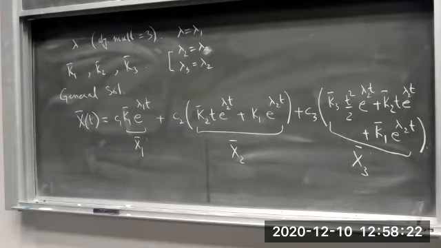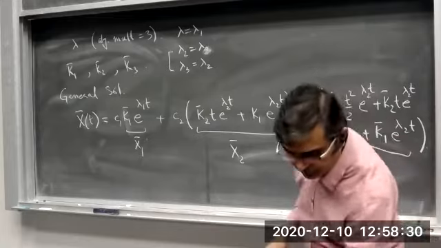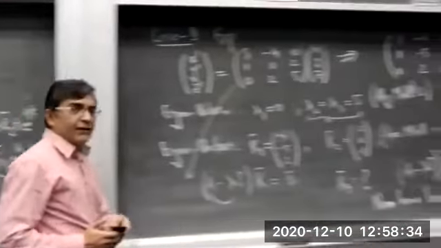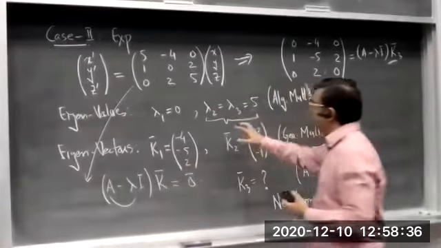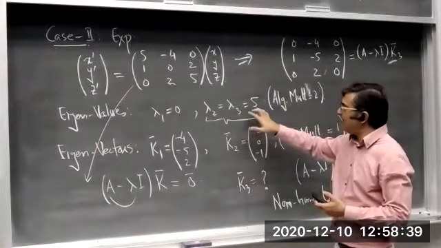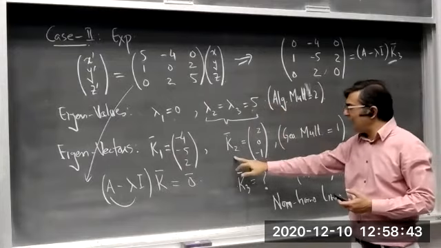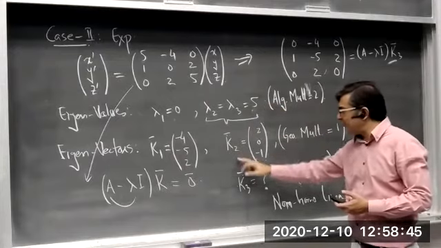Why is it mandatory to find k3? Because we have a 3 by 3 system. यहाँ पे ये eigenvalues repeated हैं, दो, इसकी algebraic multiplicity 2 है, इसके corresponding एक ही eigenvector आ रहा है जो कि हमने find किया.